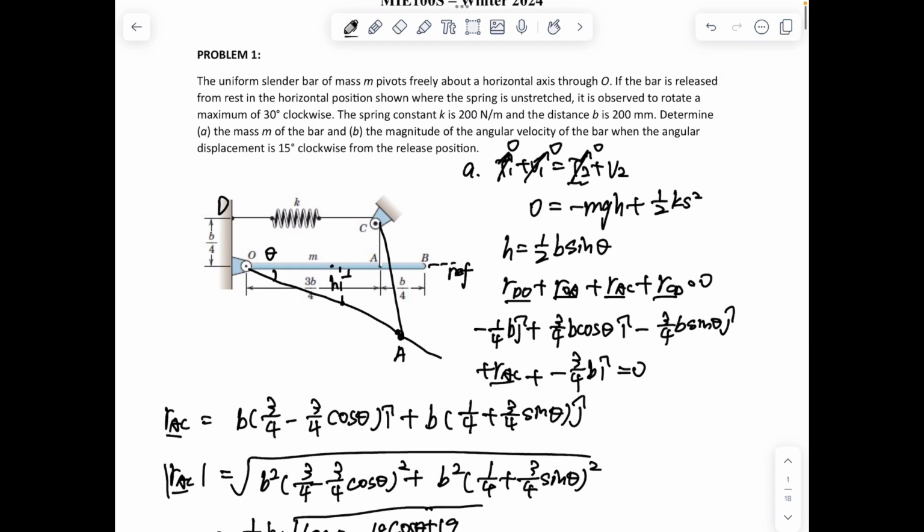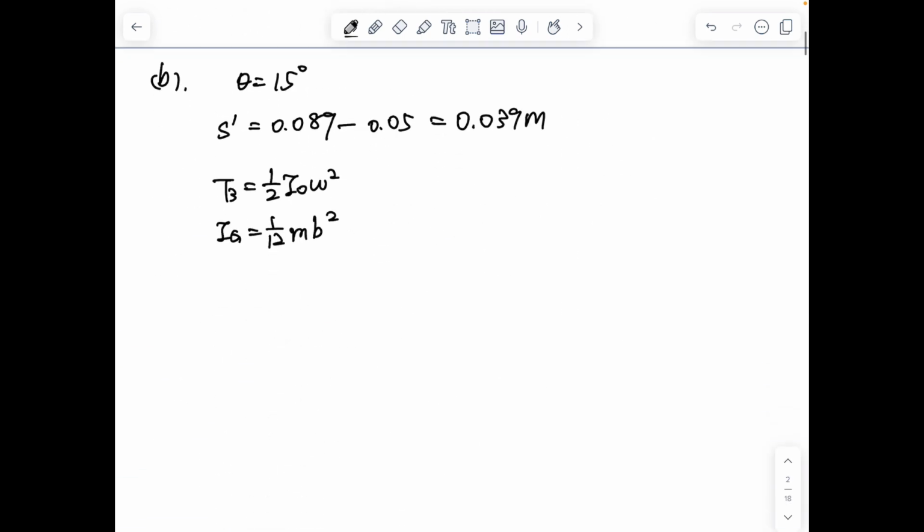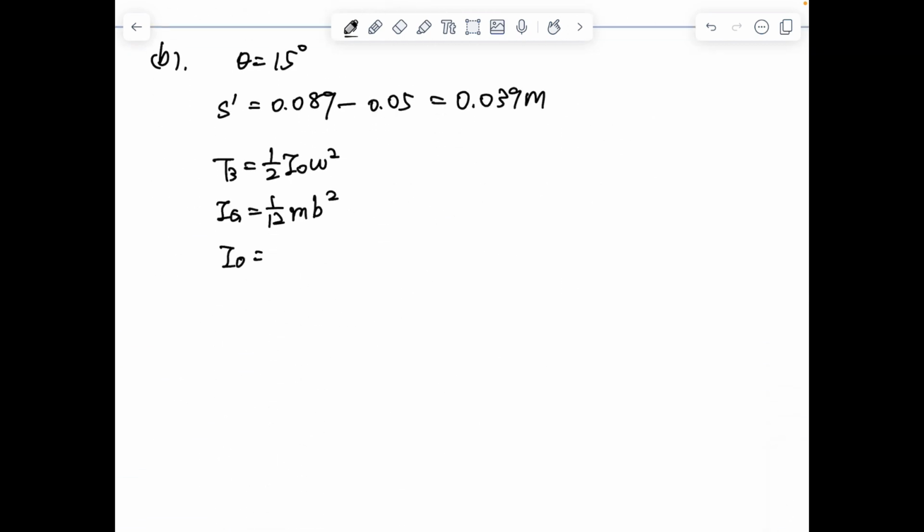Right here it's a bar rotated around its gravity center. We need to transfer it back to the pivot, which is O. Then IO is equal to IG plus MD squared. This is equal to 1 over 12 MB squared plus M times (B over 2) squared. This is equal to 1 over 3 MB squared.